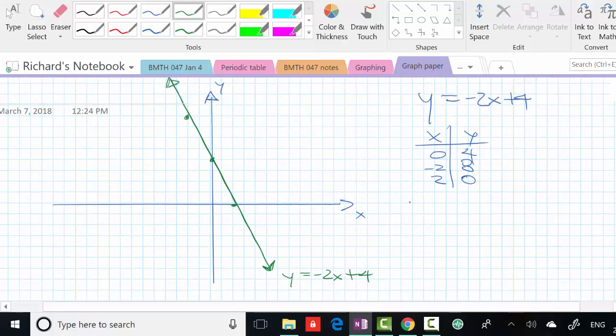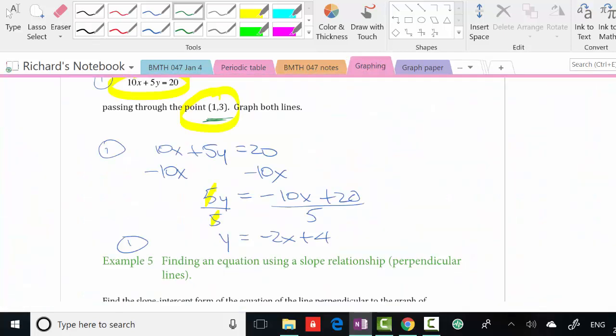So what do I know? I know that for equation 2, this unknown equation, this is equation 1, equation 2, the slope will be equal to minus 2 because this second line is going to be parallel to the first line. I know that it's going through the point (1, 3).